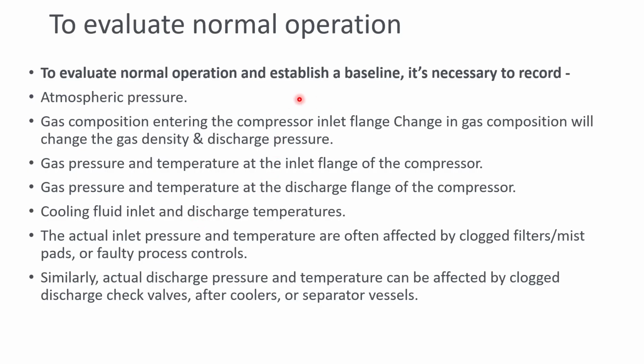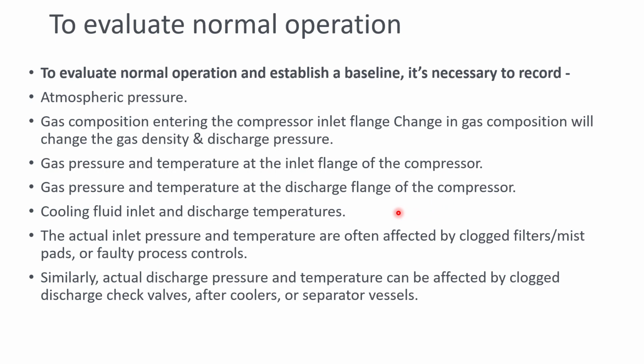Now, how to evaluate the normal operation? To evaluate normal operation and establish a baseline, it is necessary to record atmospheric pressure, gas composition entering the compressor inlet flange, since a change in gas composition will change the gas density and then the discharge pressure. Also record gas pressure and temperature at the inlet flange of the compressor, gas pressure and temperature at the discharge flange of the compressor, and cooling fluid inlet and discharge temperature.